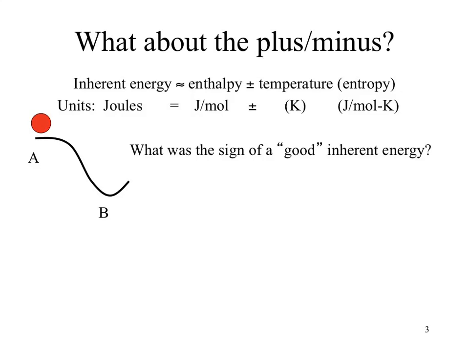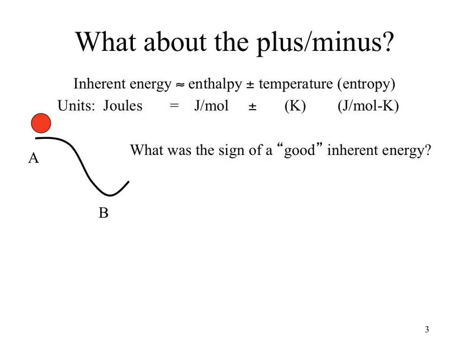Because if we looked at a reaction with 0 enthalpy change and we still saw a reaction occurring, our inherent energy isn't 0, which means something's got to be going on. Okay? So we have to have that additional term that's not directly tied into our enthalpy. Okay? So then the question becomes how does that enter into our equation? Should we add or should we subtract this temperature entropy term?